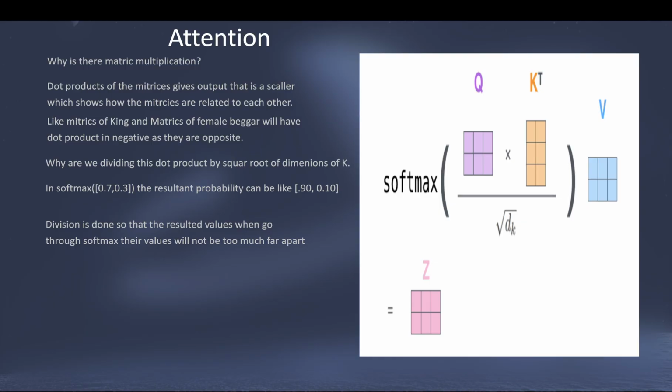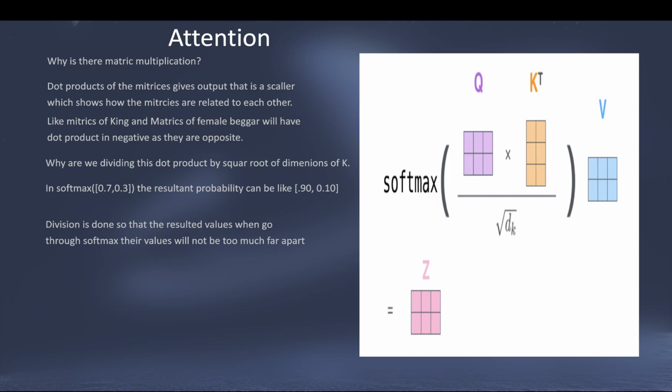So basically here, I have explained the mechanism of this. We are dividing this by the dimensionality k because in this example you can see 0.7 and 0.3. After softmax, it will be heavily shifted to 0.9 and 0.1, meaning the probability of 0.7 will be very high and 0.3 will be very low.